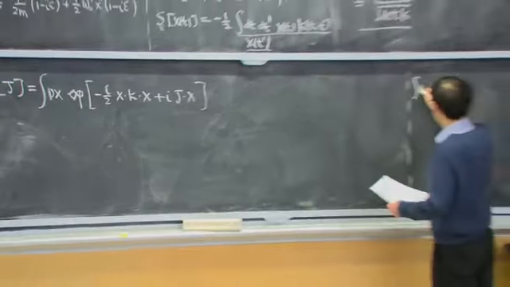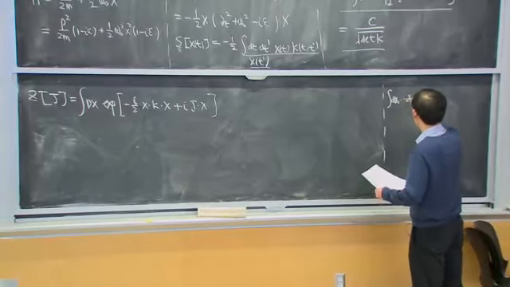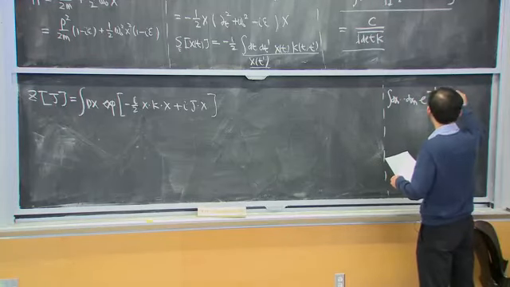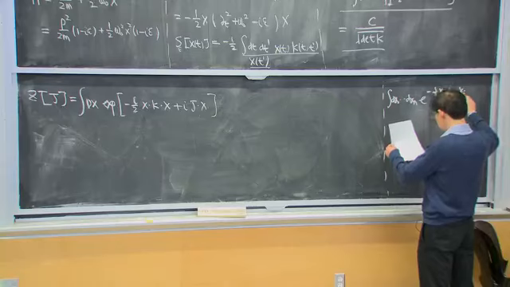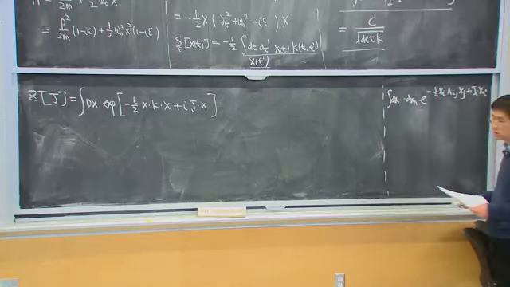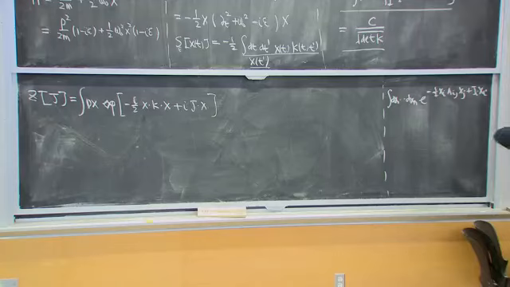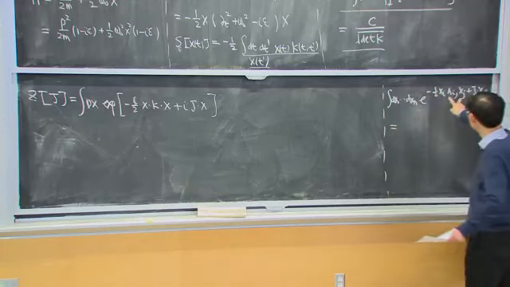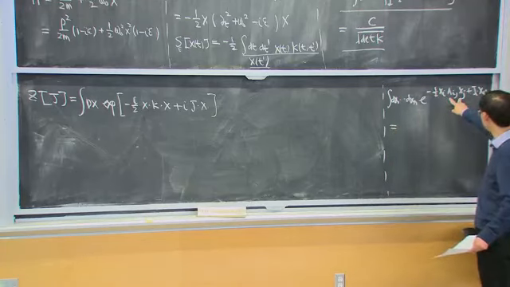If you have the integral over x1 through xn of exponential of minus 1/2 xi Aij xj plus Ji xi, we know how to compute this integral. You can absorb the linear term into the quadratic by completing the square. After you complete the square, you just get the original Gaussian integral.